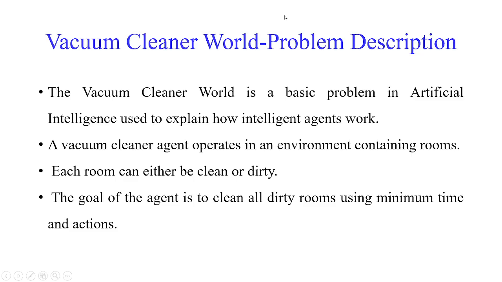Our vacuum cleaner agent operates in an environment containing rooms. Each room can either be clean or dirty. There are no in-between states, no partial cleanliness. So the problem's output is binary: either clean or dirty.